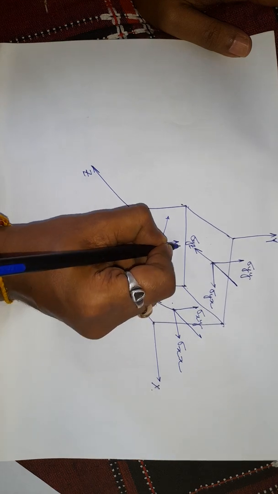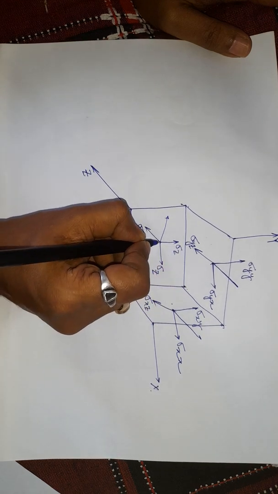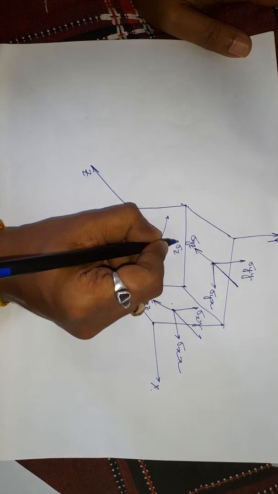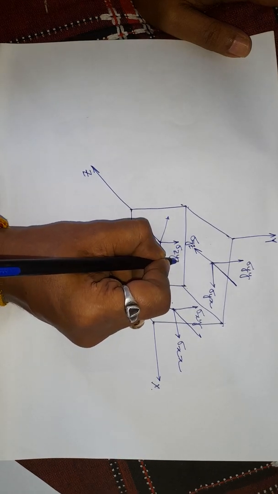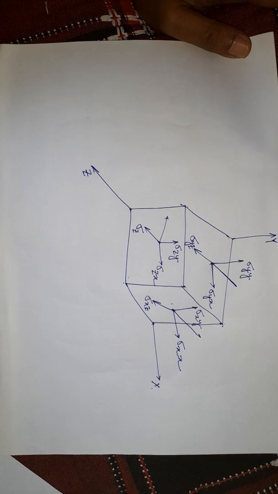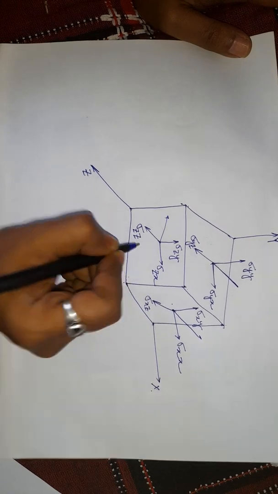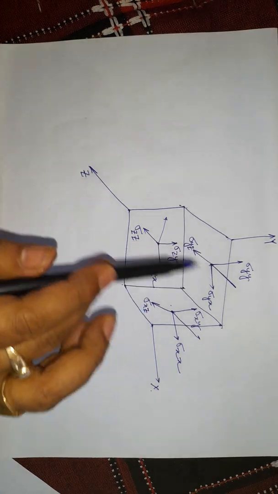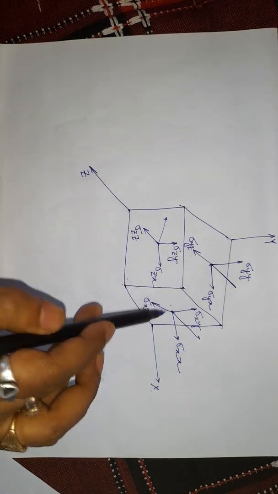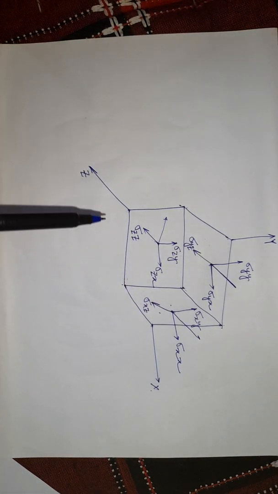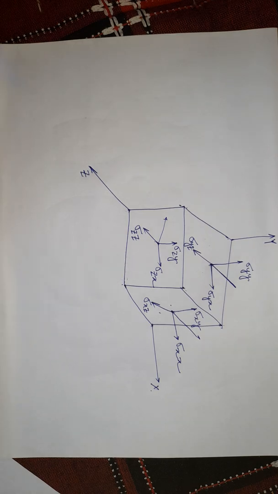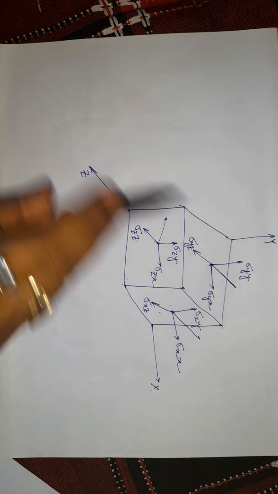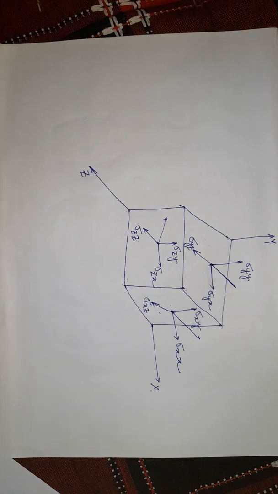Now the component of force along the x-axis is sigma zx, along the y-axis sigma zy, and along z, sigma zz. Now I have drawn these sigma xx, xy, xz and so on on these three planes. Now your homework will be: what will be the stress components on the other three planes, that is, on the back side of that. That is your homework.